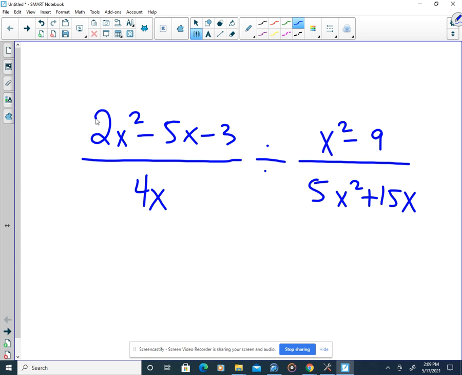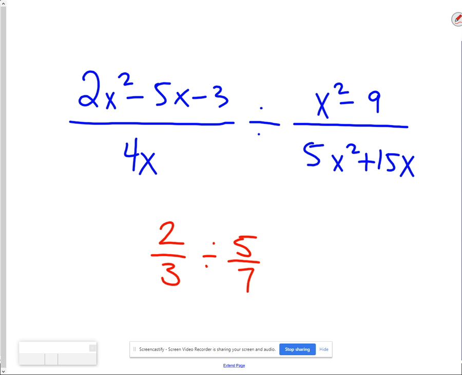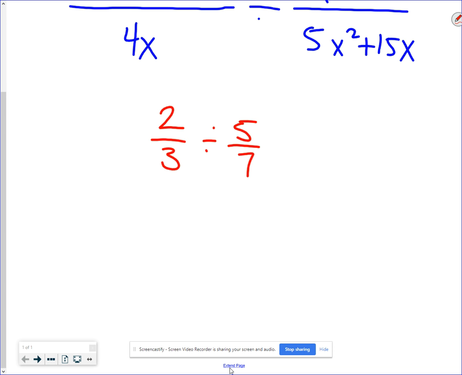Well, let's think back to middle school. When you have a problem like 2/3 divided by 5/7, when you first learned how to divide fractions, you were taught to do 2/3 times the reciprocal of 7/5, and then just multiply straight across and reduce if you can.